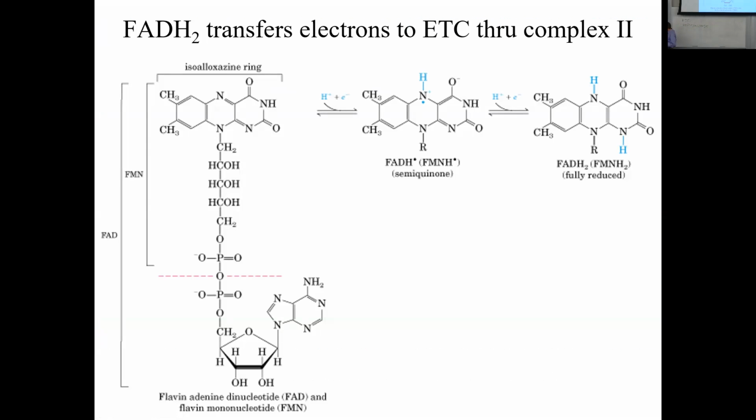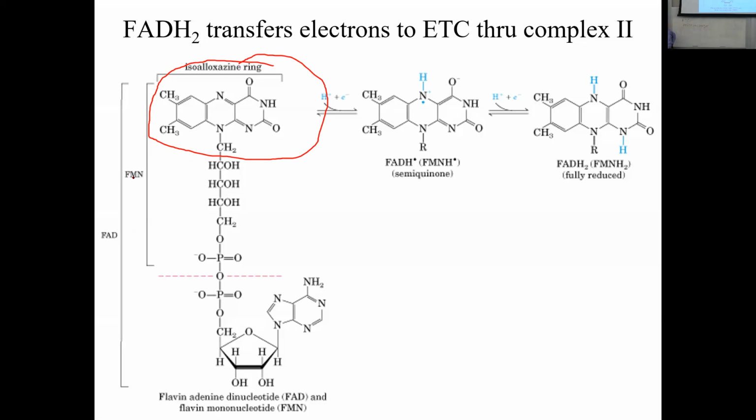So we have talked about FAD before and FADH2, and that molecule is represented on the left. It is this ring at the top that is able to accommodate electrons. These electrons are received one at a time, bringing about ultimately FADH2, the fully reduced form of FAD.